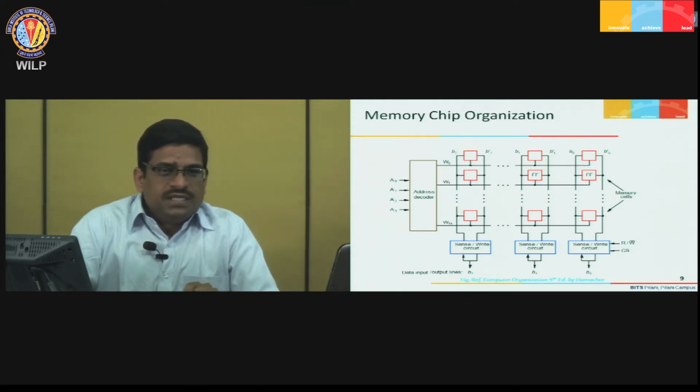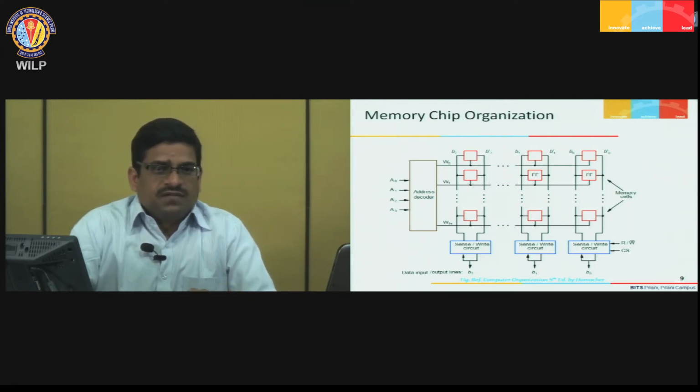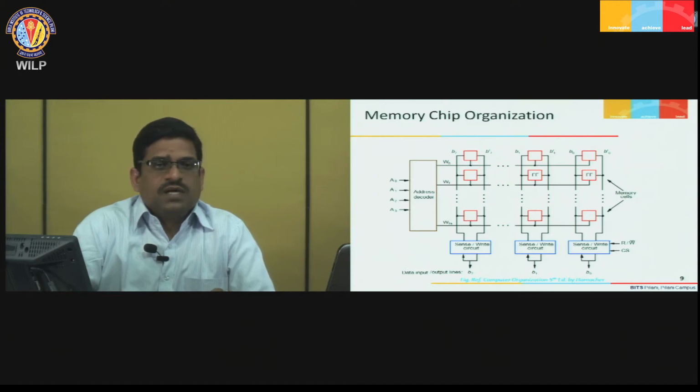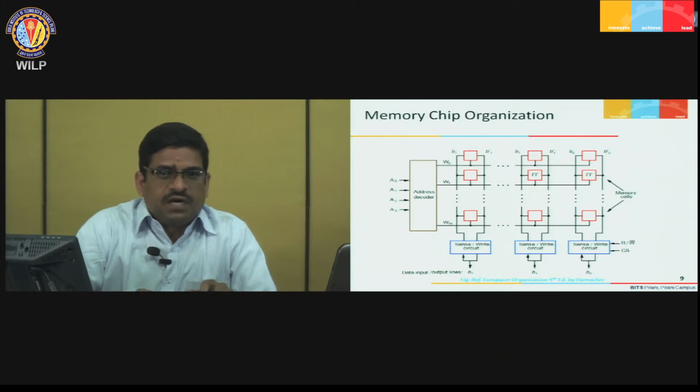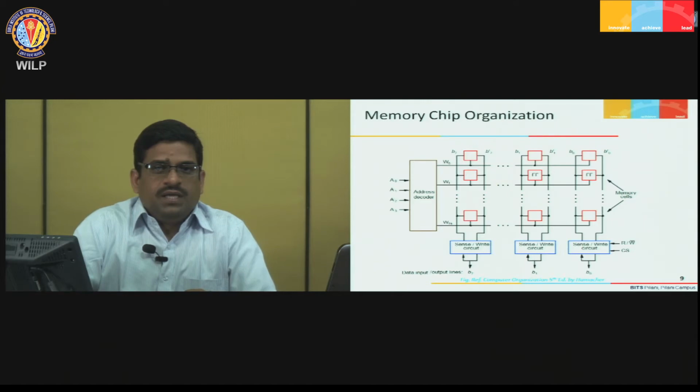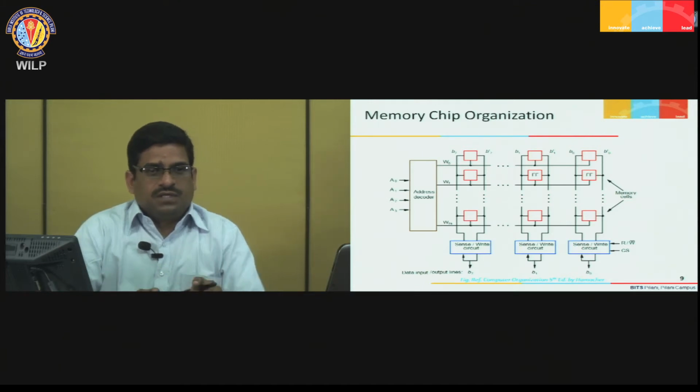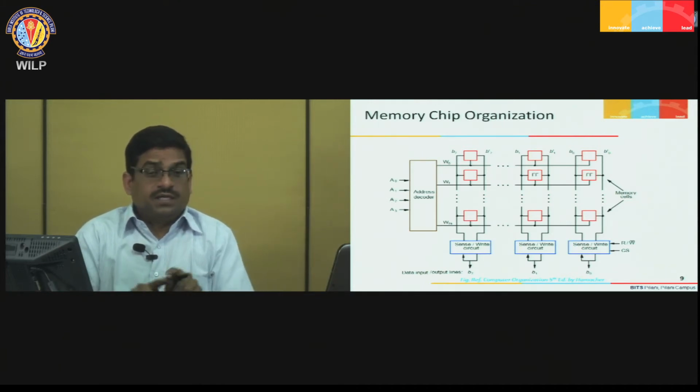So, these individual cells are organized in the form of an array, and each row of this array forms one word of the memory. This is the way it is organized. You can see in the diagram that the memory is organized as an array of cells.